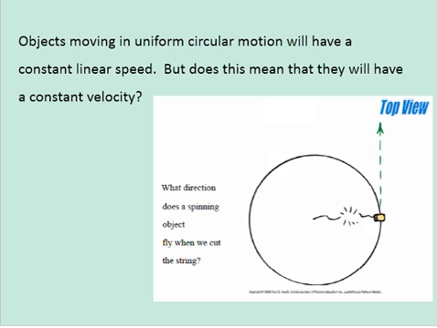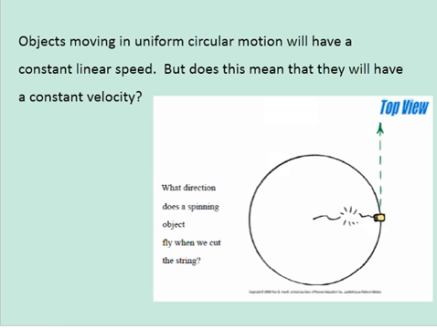So our tangent line here, at that instant when the string broke, goes this way, and that's the direction that our rock would continue moving if the string broke. So that must be the direction that the rock is moving the instant before the string broke, and so that's the direction of our velocity at that point.